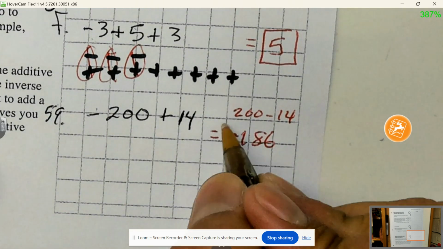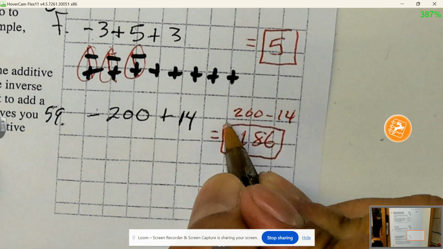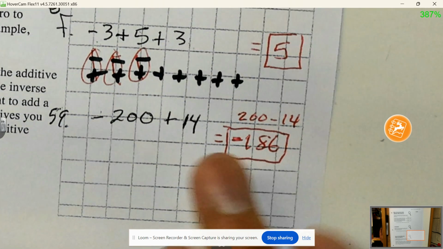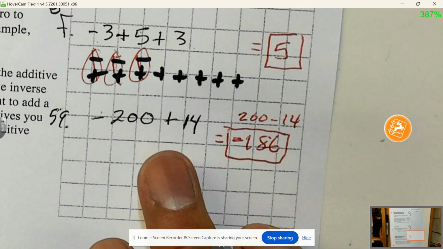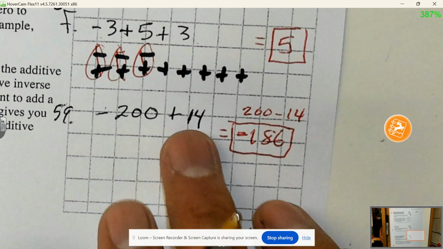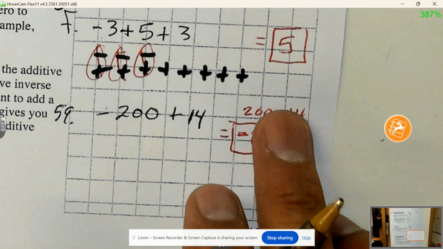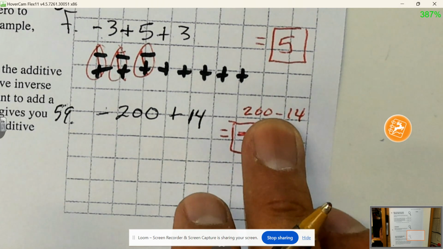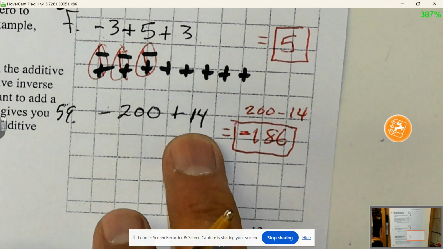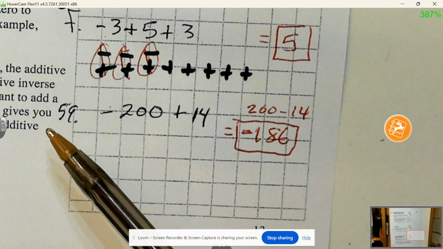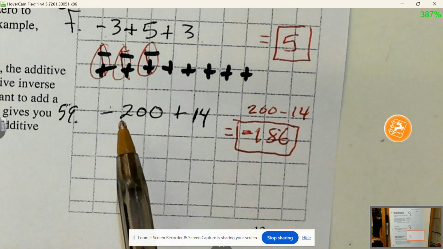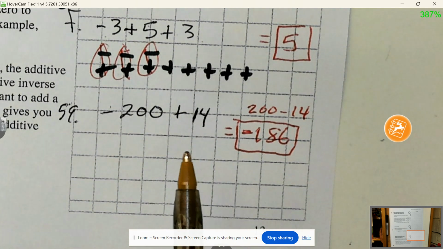So it's always a good thing that before you get an answer to a problem like this, you get it stuck into your head, well, my answer is going to be negative. So you need to make sure at the very end that your answer is negative, and you're using the absolute values this way. 200 negatives, 400 positives. I'm going to go 200 this way, 400 that way, so you're taking away from that distance of 200.